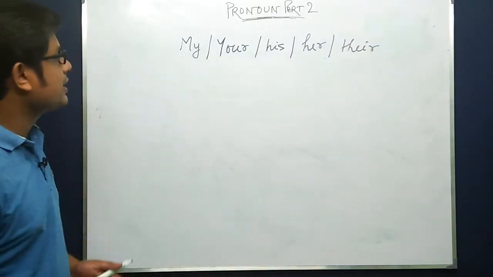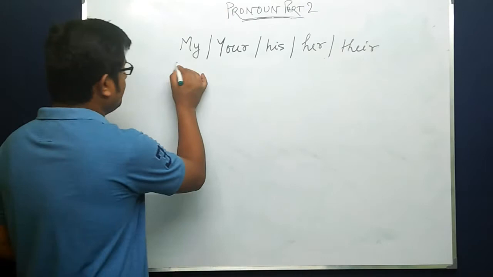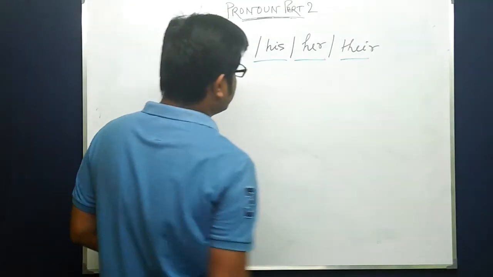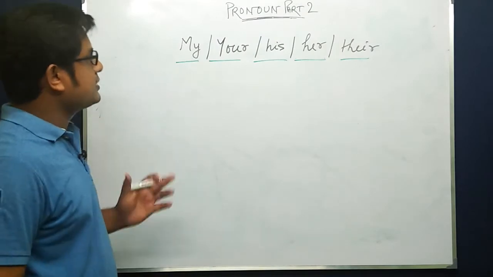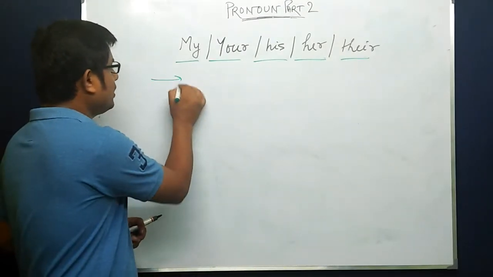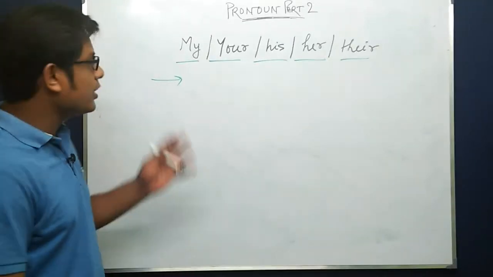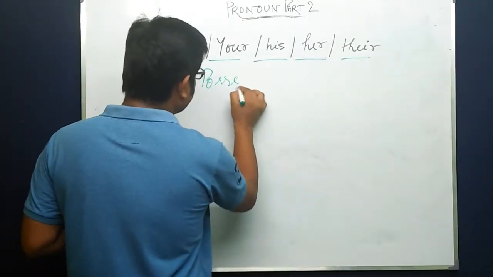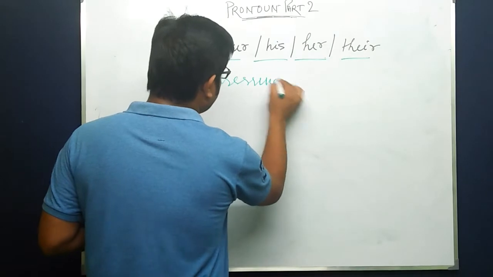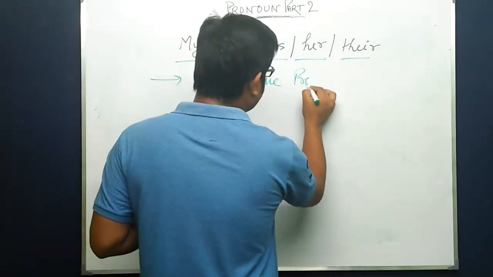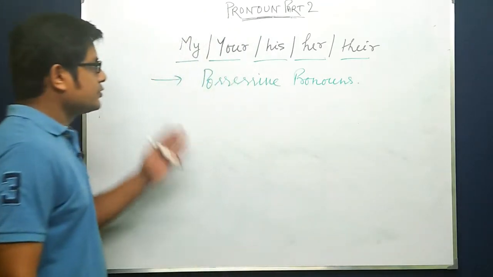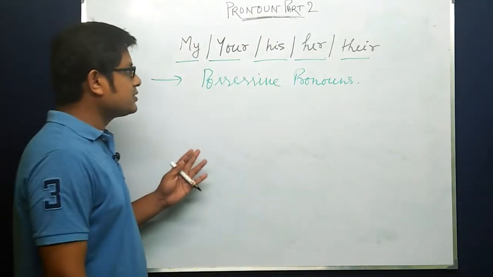Now at first look at this board and you have these words: my, your, his, her, their, right? At first let me tell you, these all are pronouns, and they are called possessive pronouns.